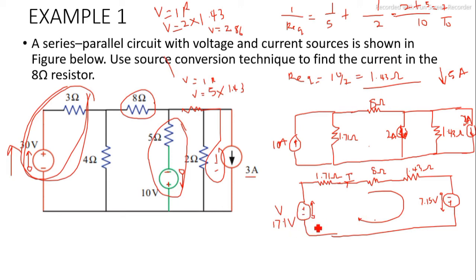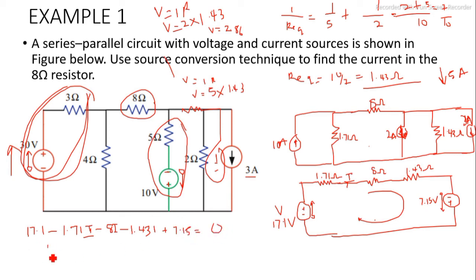The direction of the loop and the direction of the EMF are in the same direction, so we are going to have 17.1, a voltage drop here which is minus 1.71 I, a voltage drop here, minus 8 I, a voltage drop here, minus 1.43 I. Then the loop and direction of the EMF are the same direction, so that will be positive, plus 7.15, equals 0.